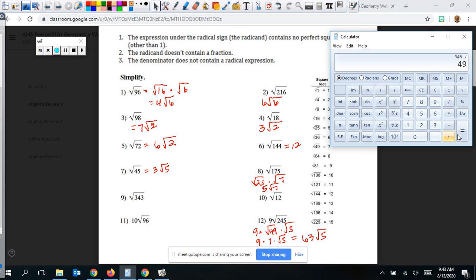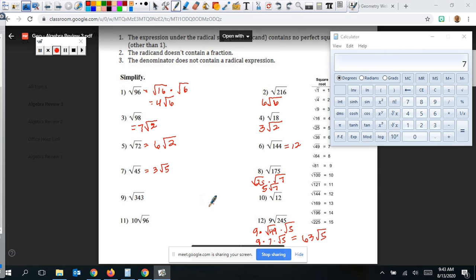That perfect square right there is a 7. And so that comes out to be the one you want. So over here we're going to have the square root of 49 is the number 7. So your whole number is 7 on the outside. And it went in 7 times, so 7 is still inside the radical.